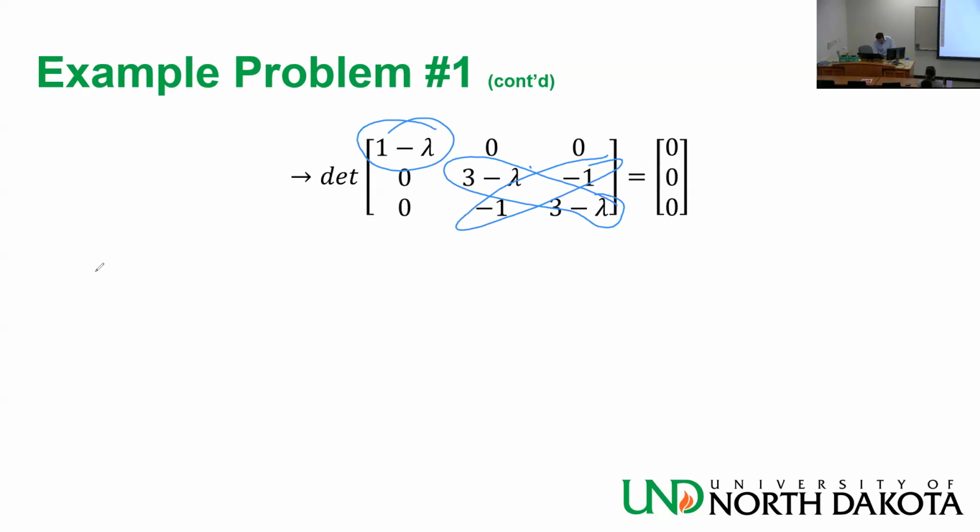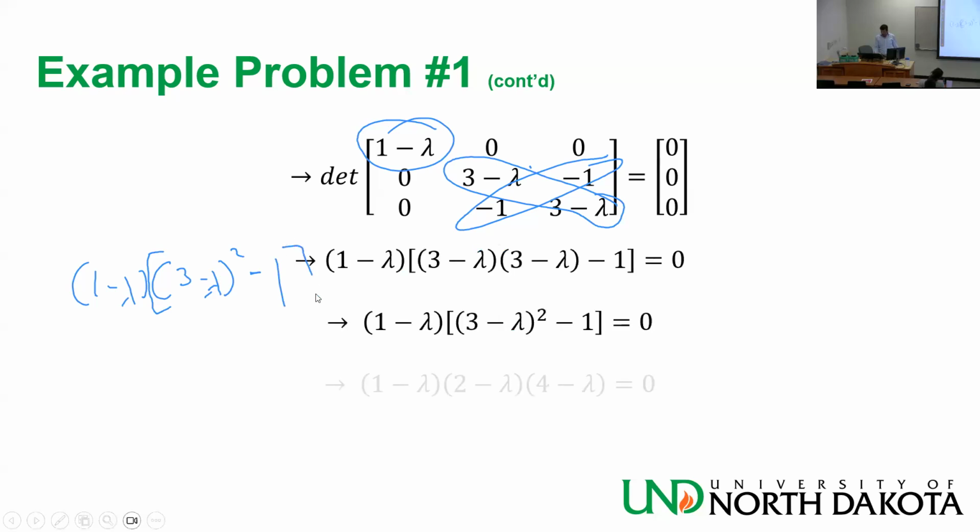So you do 1 minus lambda, 3 minus lambda squared, minus 1 squared, well, minus 1 times minus 1. So it's minus 1 basically, right? Oops, sorry. What did I do?